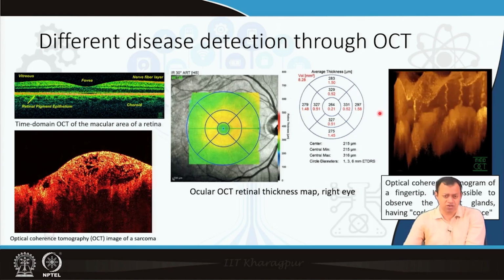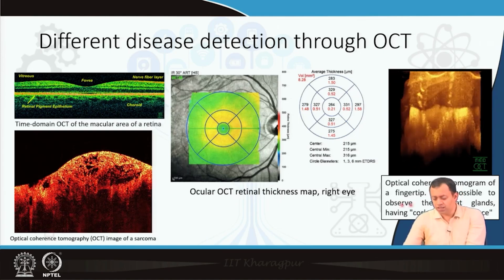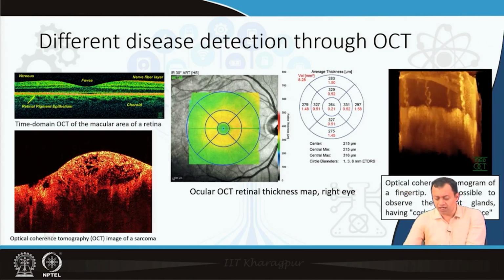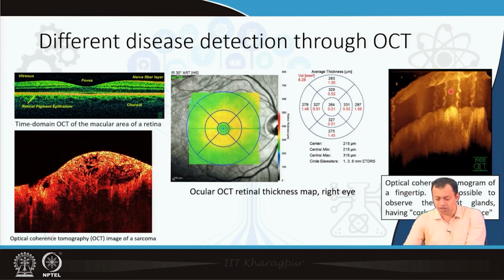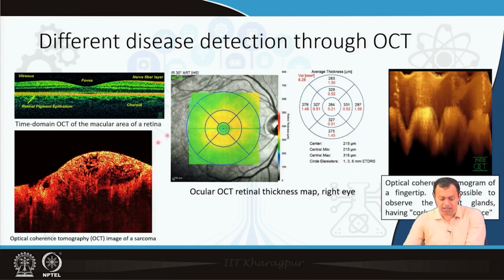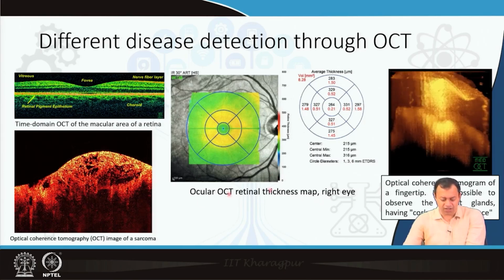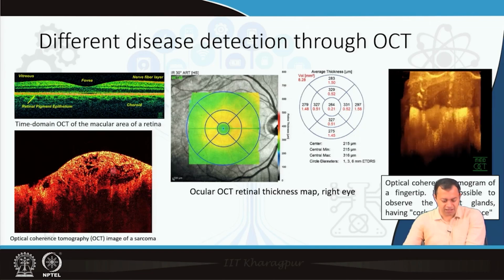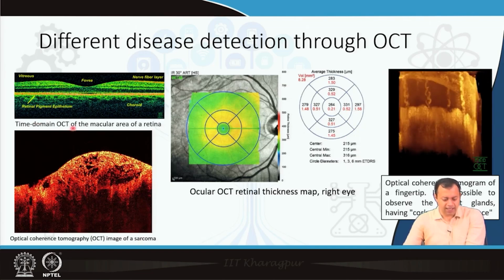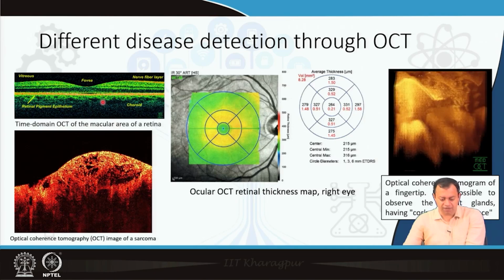Now, this is the image that you already know. I have shown you. This is the OCT of the fingertip. You can see the sweat glands, the corkscrew appearances. These are the sweat glands, and then this is the map of the thickness of the eye. This is of breast cancer, I think, of sarcoma, and this is the macular area of the retina.